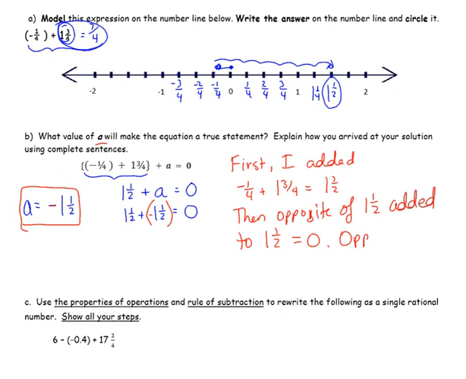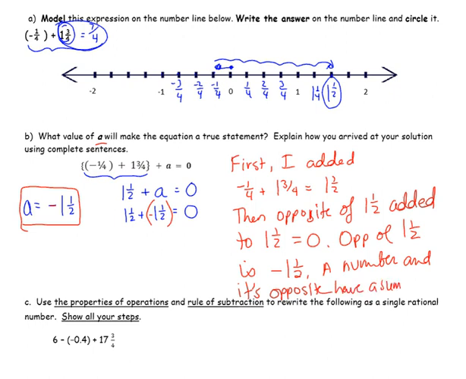The opposite of 1 1/2 is negative 1 1/2. A number and its opposite have a sum of 0.